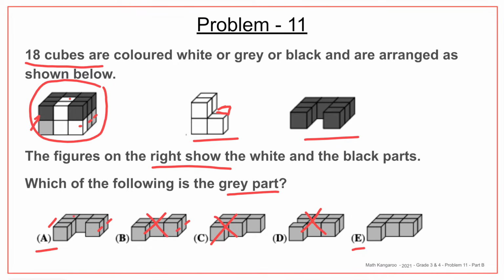We see that there are 3 cubes here, but there's supposed to be a cube in here to fill a gap of white. So this could not be our answer. Option E has this, so option E is our answer.